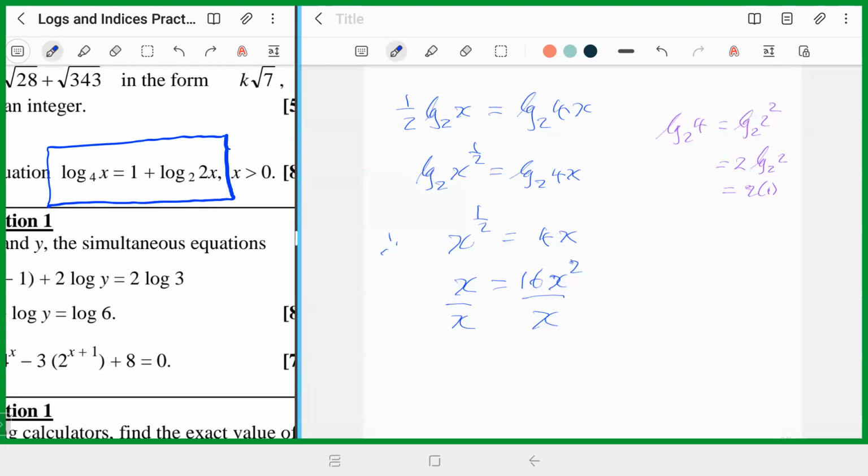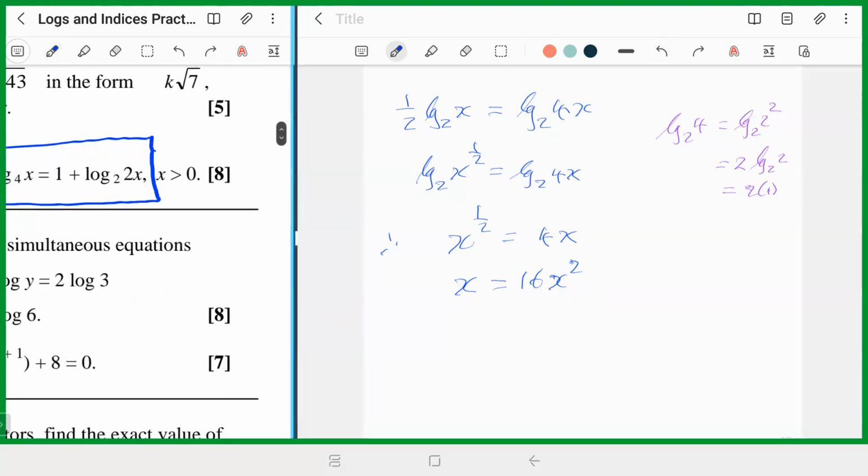So normally you don't divide or cancel out the thing that you are trying to find. The only reason why I'm able to divide by x this time is because they told us that x is greater than 0 right here. So because we know that x is greater than 0, it is not 0. That is why we can divide it.